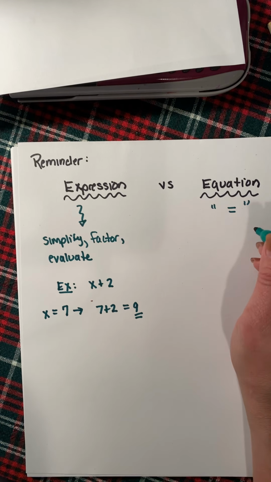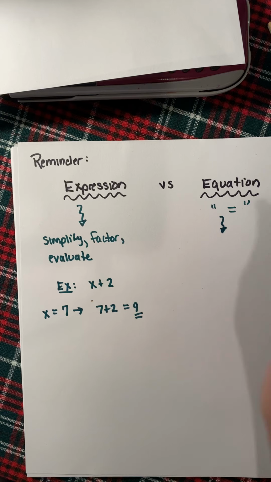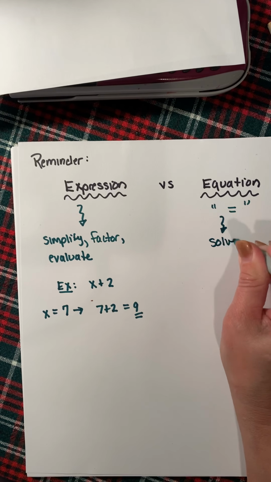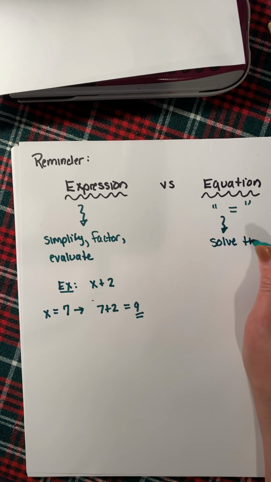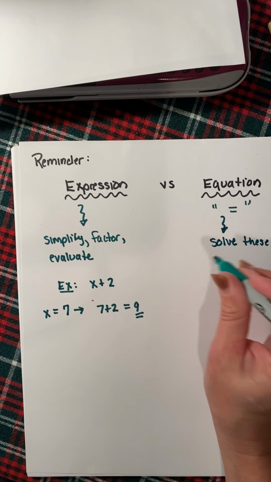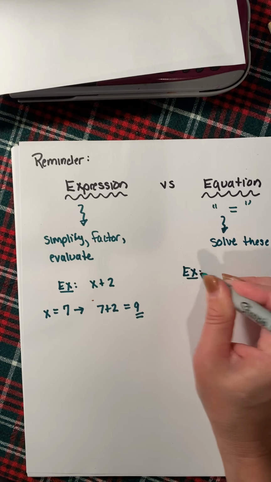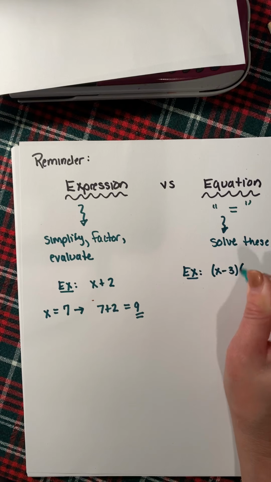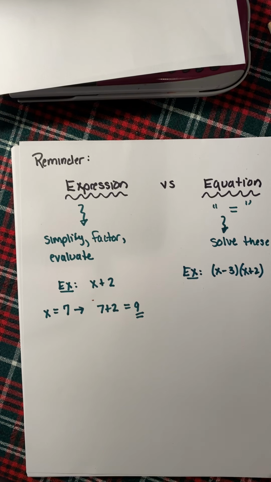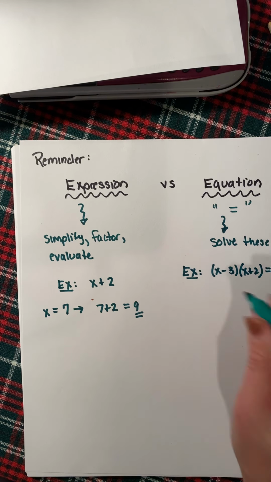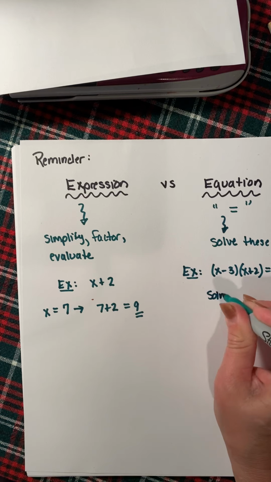An equation has to equal some value, and the difference between equations and expressions is we solve equations. So we may have something like x minus 3 times x plus 2. Now, if I left it like that, it would just be an expression, but let's say I set it equal to 0. Now we're trying to find the values of x that make this a true statement.